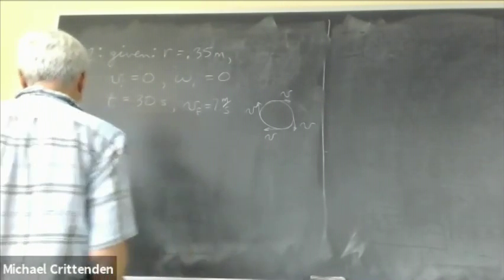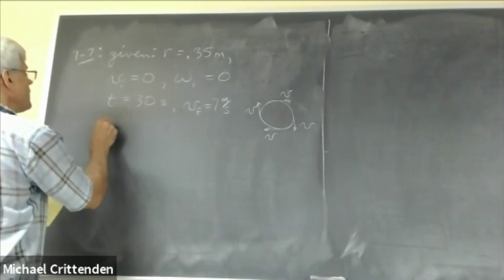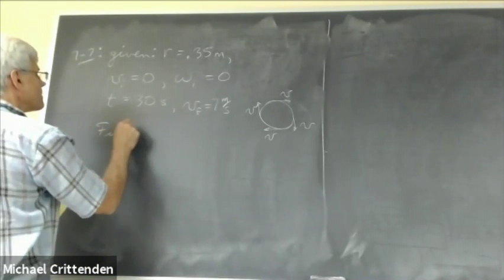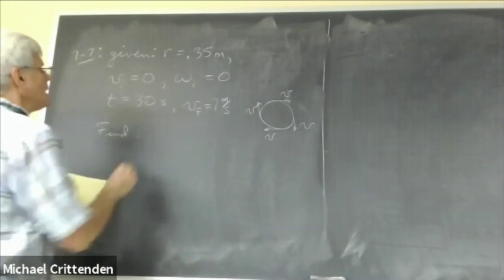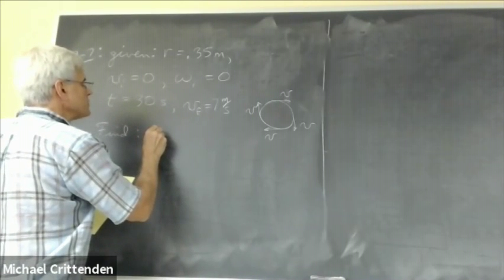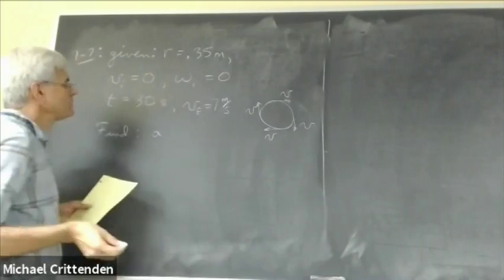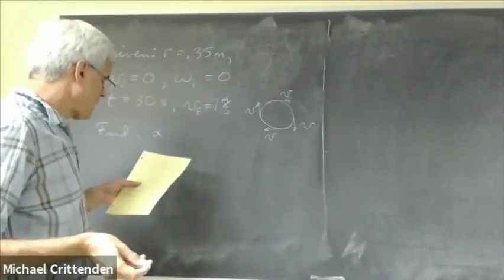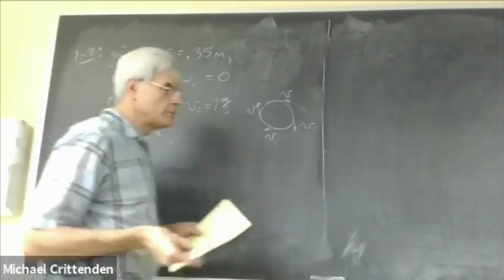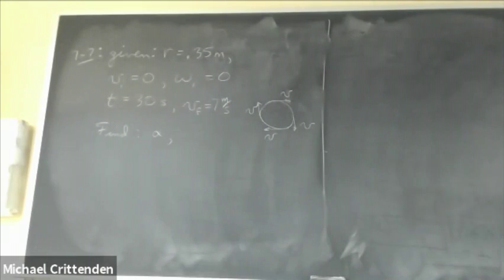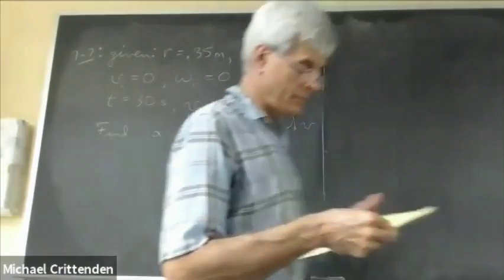So what are we supposed to find? It asks for the angular acceleration. That's alpha. And also, how does it phrase it? The angle it has turned through.